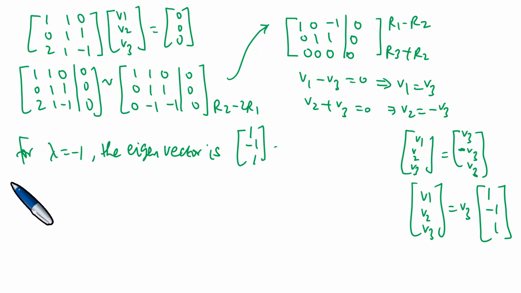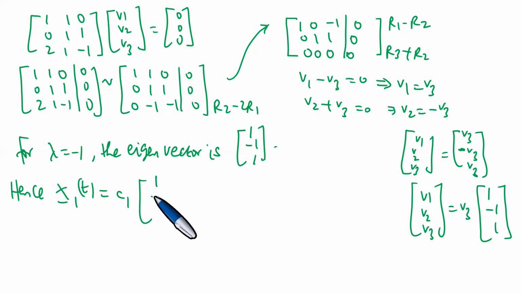Hence, x1 of t is c1 times 1, minus 1, 1, times e to the minus t. It's sort of a solution. It's one of the solutions x1(t) associated with lambda equals minus 1.